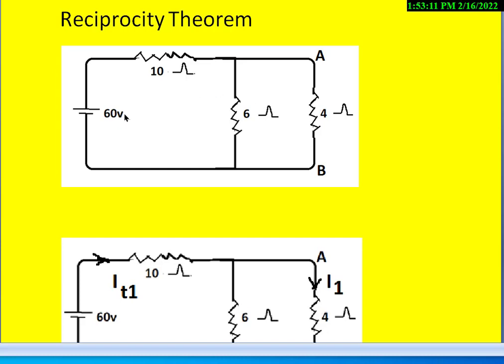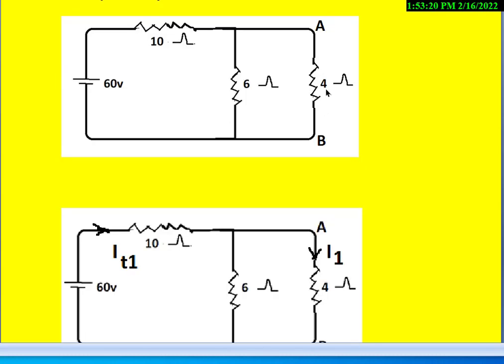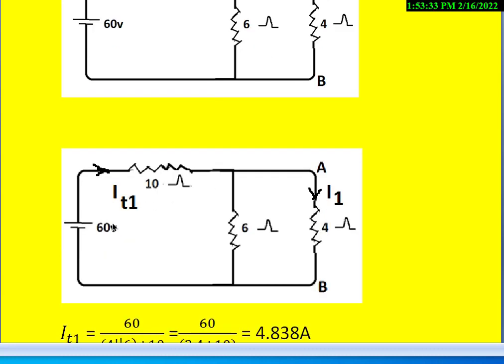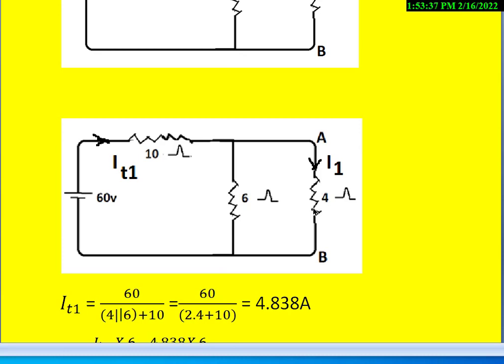Excitation means here it is voltage, that is 60 volts. Response means the current that flows in the AB terminals, that is the 4 ohms. Then, let us calculate the current flowing in the 4 ohm resistor using the ordinary rules. First calculate the total current supplied by the 60 volts.